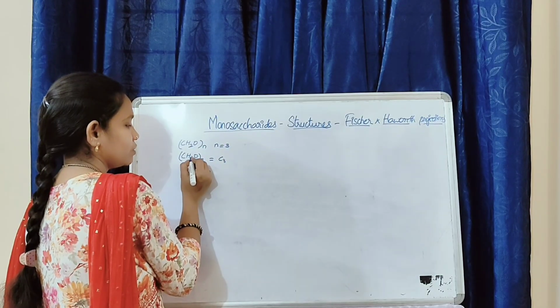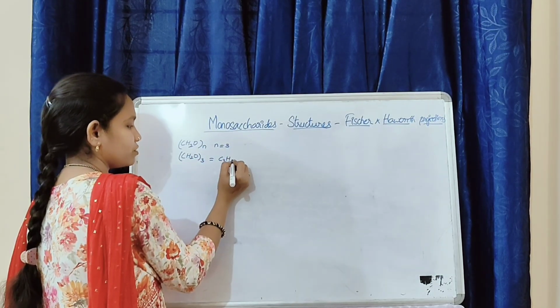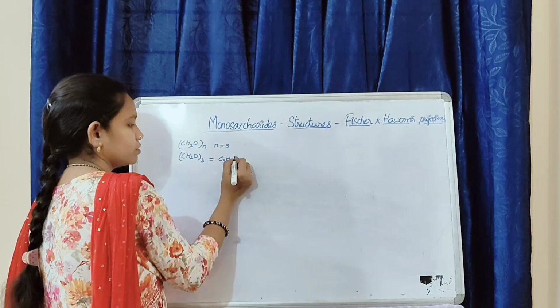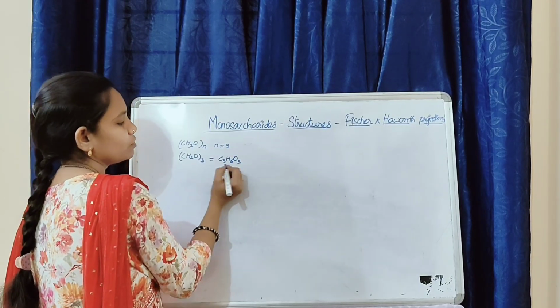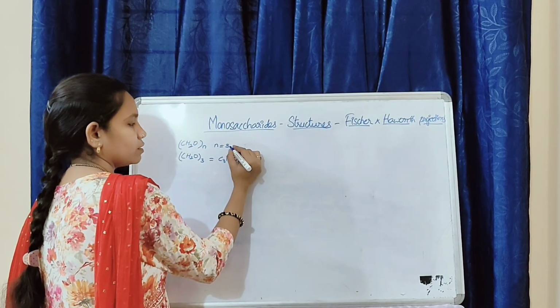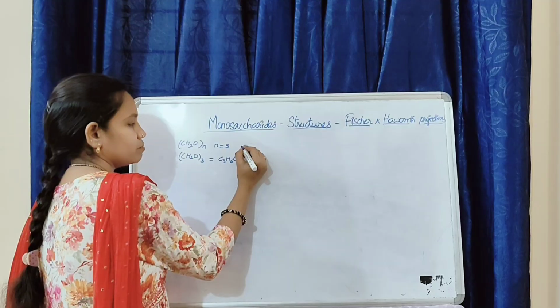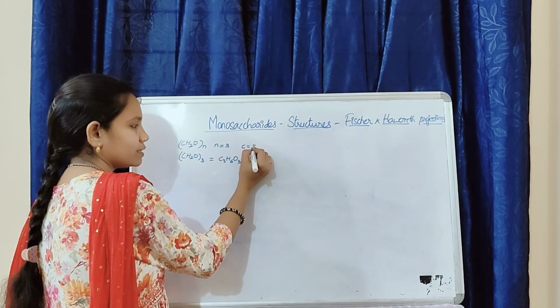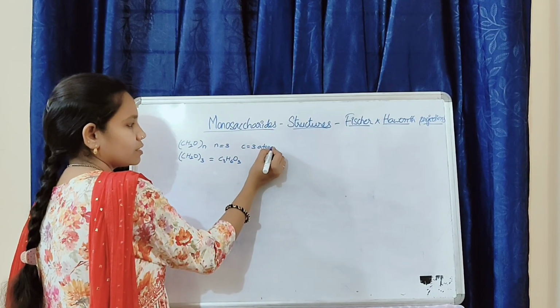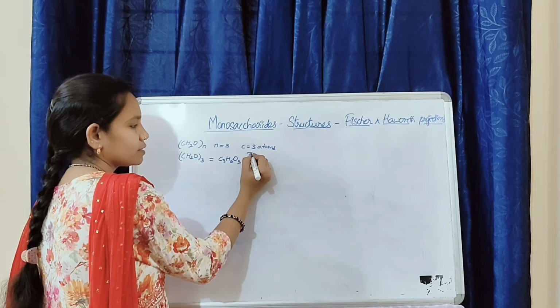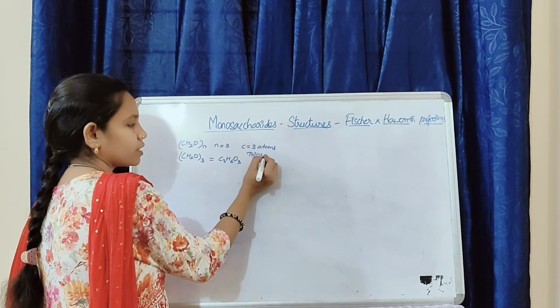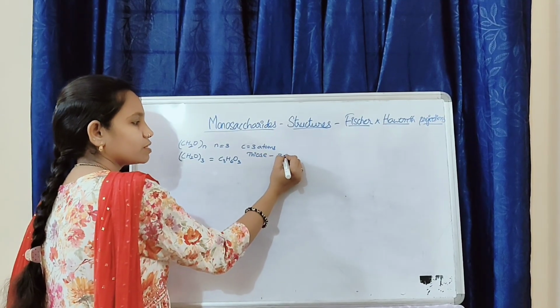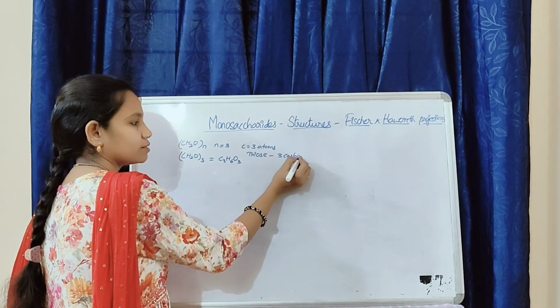C3, 2 into 3, 6, H6 and O3. So now when n contains 3, means when the carbon contains 3 atoms, then the sugar is called as triose. Triose means 3 carbons.